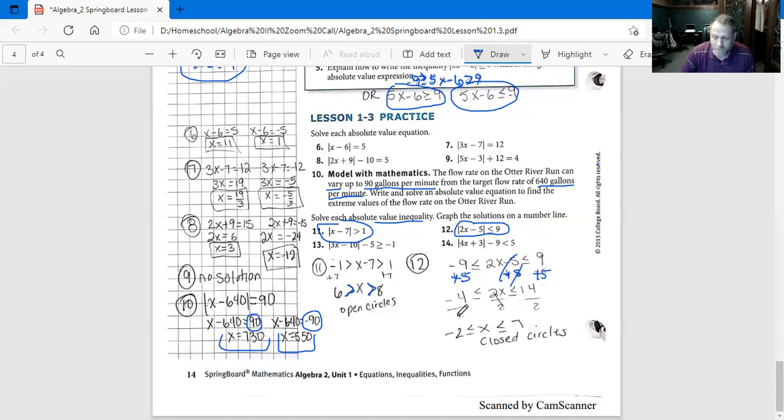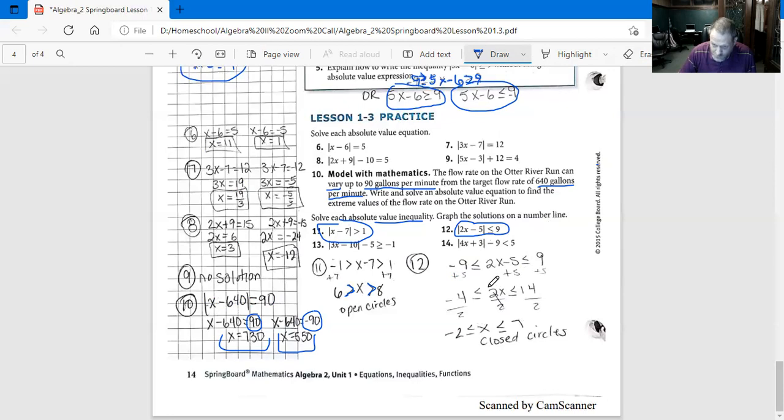All right. Cancel, cancel. And then -9 plus 5 is 4. We have our 2x still going on there. And then we have our 9 plus 5 is 14. All right, and then solve by division.